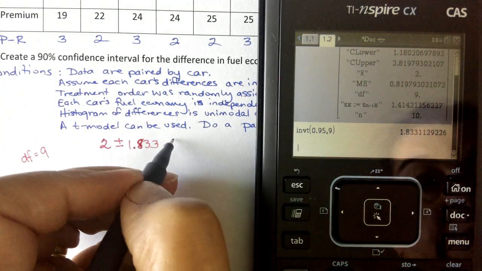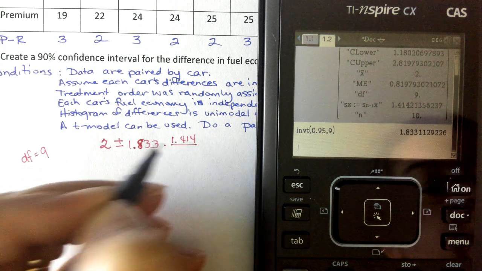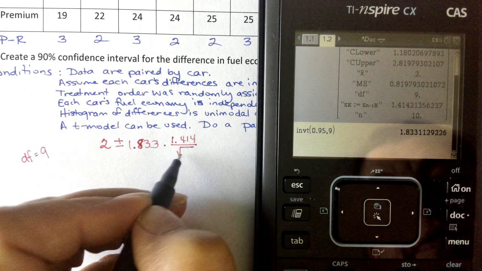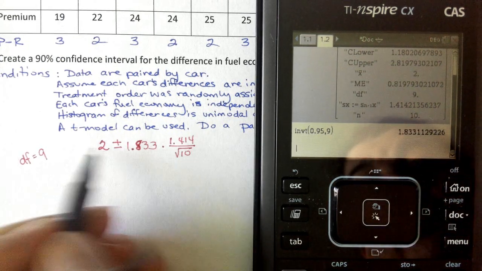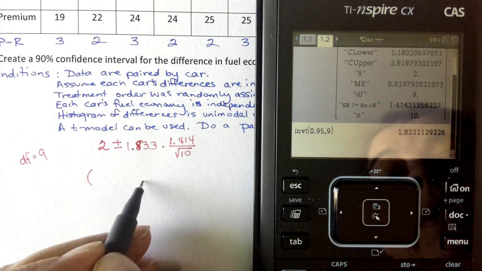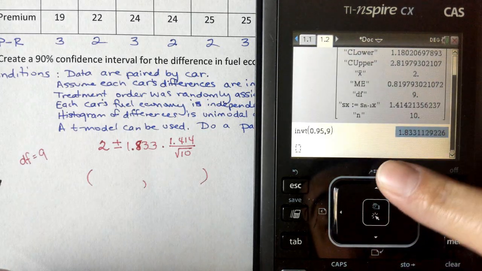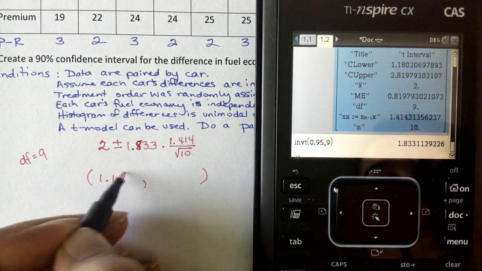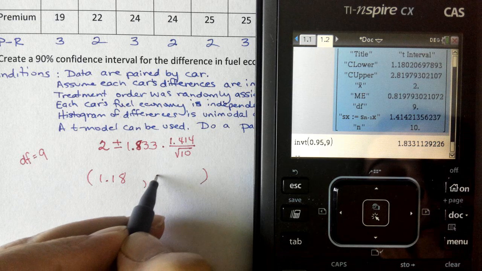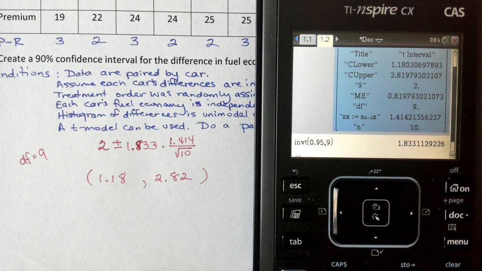That looks like square root of 2 right there. 1.414 over the square root of 10. 10 was our sample size. So we have to show what we substituted in, and then we give our final interval. So lower bound of our interval was 1.18 miles per gallon, and 2.82-ish miles per gallon is the upper bound.